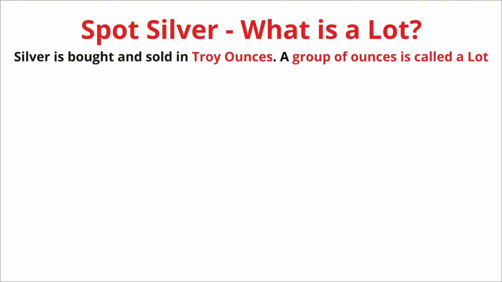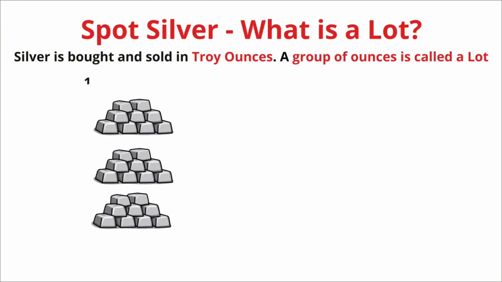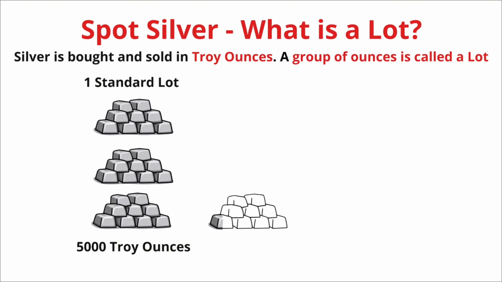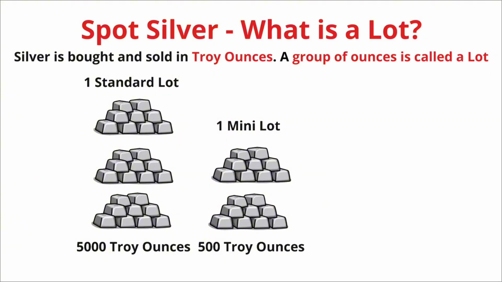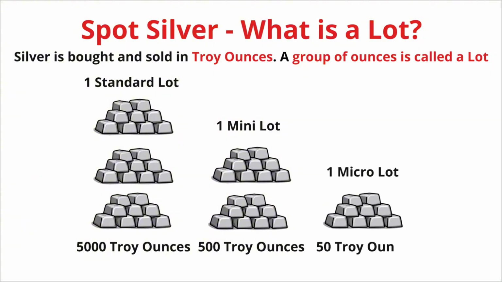For spot silver, a standard lot is equal to 5,000 troy ounces. A mini lot is equal to 500 troy ounces, and a micro lot equals 50 troy ounces. In reality, you are not constrained to trading these round numbers. You can choose any number you'd like to trade at the point you place the order.